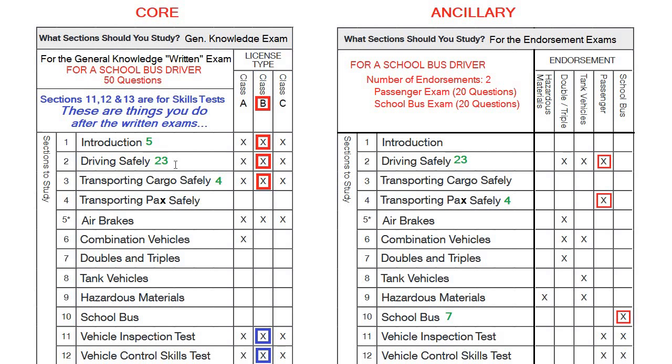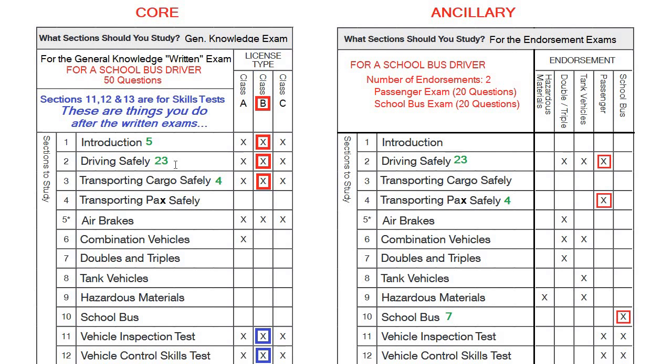That's a really large section, so it's going to take a lot of study to cover that amount of material. And also section 3, which is transporting cargo safely. That has 4 subsections.